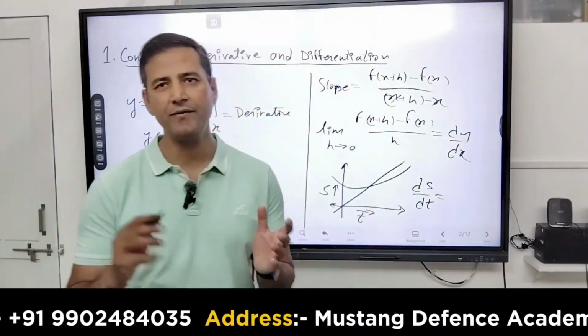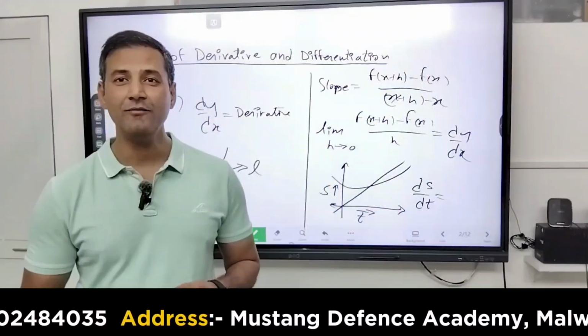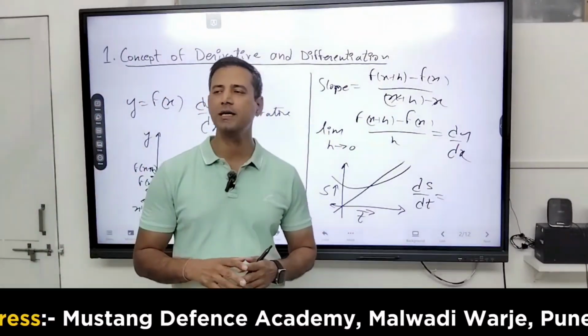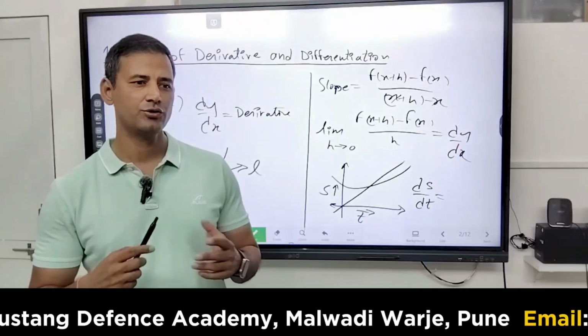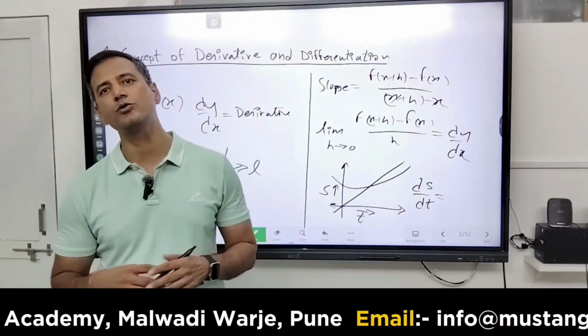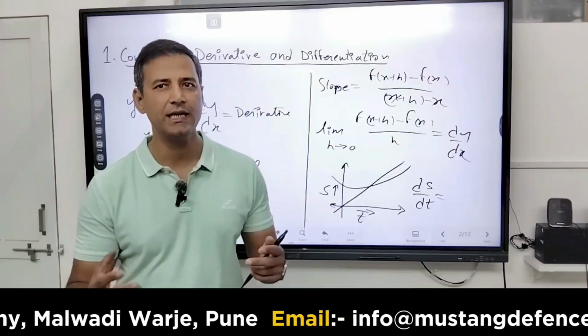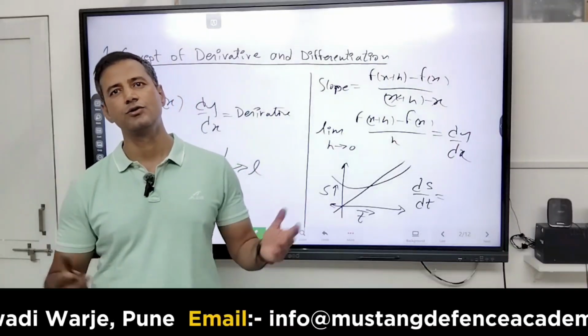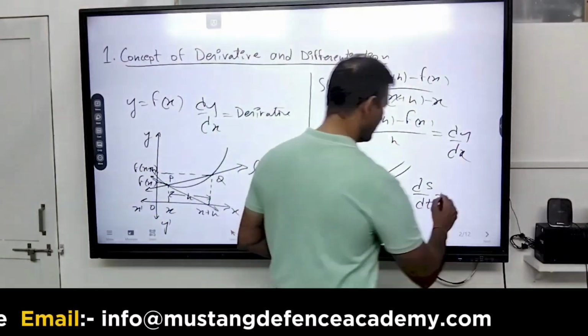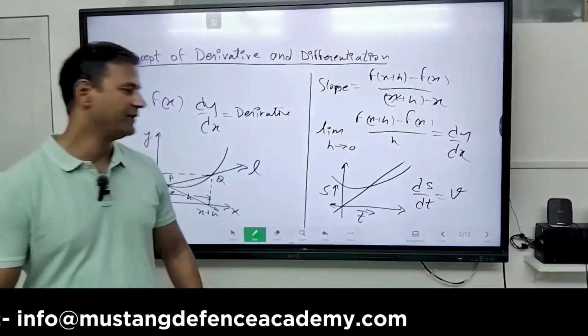The small change in distance with respect to time is called velocity, or speed. If it is a vector quantity, it will be called velocity. As the distance is changing with respect to time, this rate of change of distance is the physical connotation of differentiation. We can call it V.